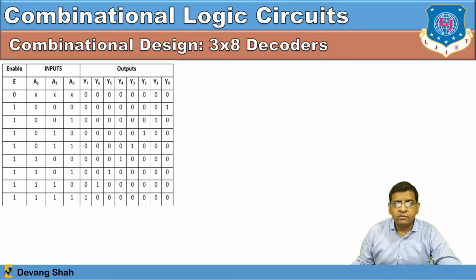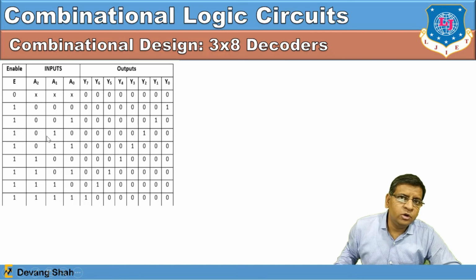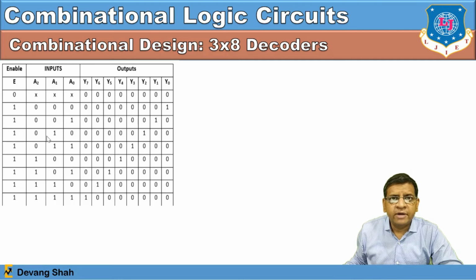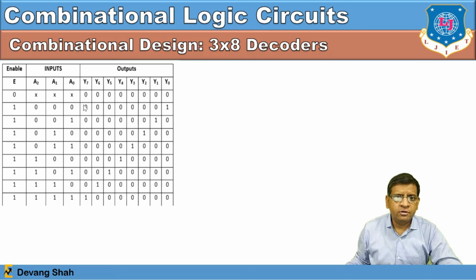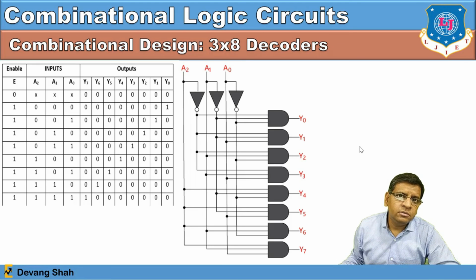In that way you can check the complete sequence: for input bits 0 0 1, Y1 is triggered; 0 1 0, Y2 is triggered; 0 1 1, Y3 is triggered; likewise 1 0 0, Y4; 1 0 1, Y5; 1 1 0, Y6; and 1 1 1, Y7 is triggered. From that you have converted 3 bits into 8 bits of information. So this is the 3 to 8 decoder.